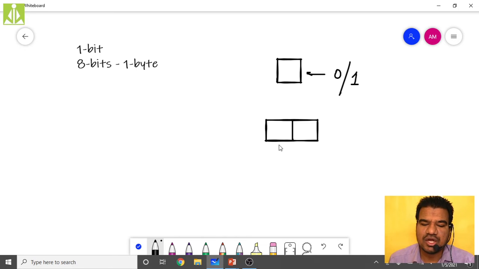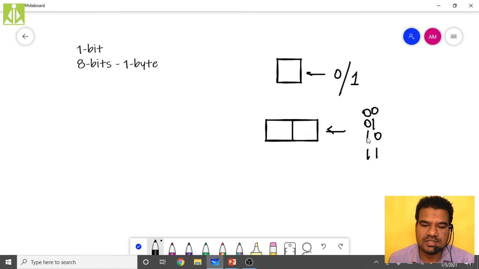With 2 bits, what are the combinations of values you can store? You can store 0 here, 1 here. That is one combination. 0, 0 is another combination. Likewise, by using 2 characters and 2 bits, you can store 0, 0, you can store 0, 1, you can store 1, 0, and you can store 1, 1.